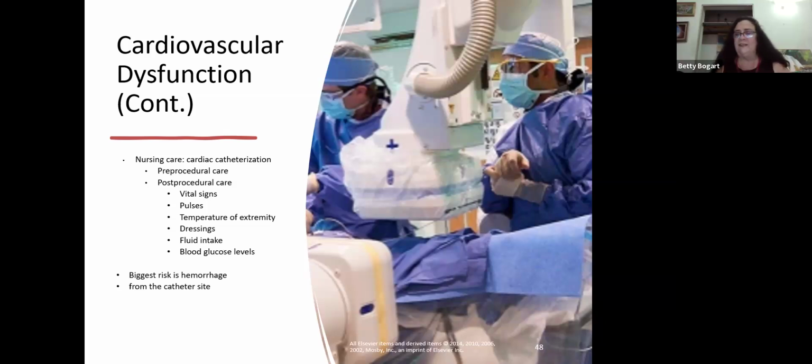So once that's done, the kid's recovered, the child goes back to the unit, and you're the nurse accepting that child from cardiac cath. The first thing you need to check is that dressing. Can you imagine an 8-pound baby having that femoral artery, the clot come off and bleeding? They could bleed a lot real quick.